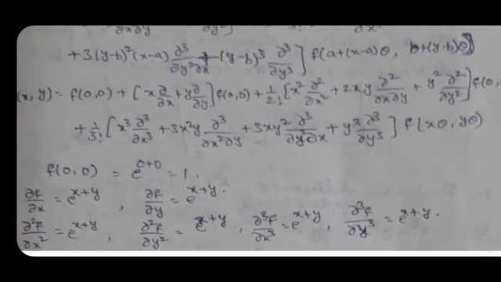So here 3ab square, 3ab square. Plus y minus b whole cube into dou cube by dou y cube of f of a plus x minus a into theta comma b plus y minus b into theta. Here we use the nth term that is repeated. So here we take this thing.